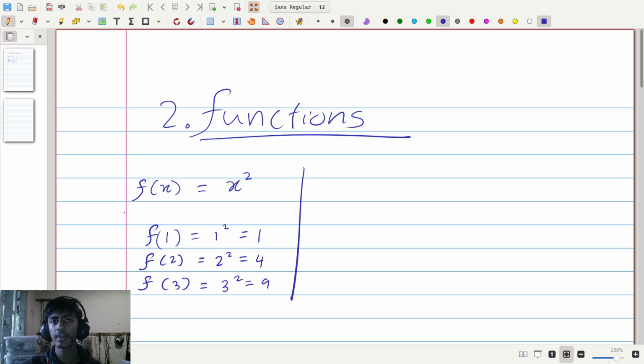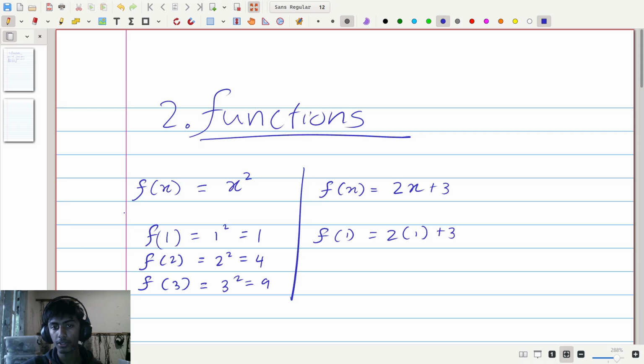If instead I define f(x) as, let's say, f(x) equals 2x plus 3, a simple function. So in this case, f(1) would be 2 times 1 plus 3.